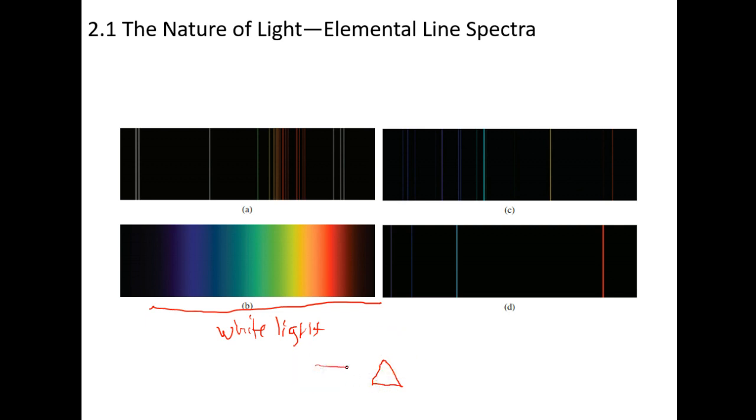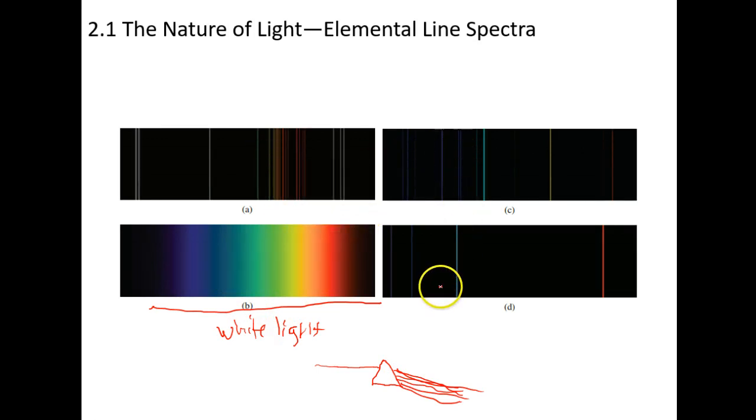You've seen white light going into a prism, and then coming out of it at an angle are all the different colors, like the Dark Side of the Moon album. Anyone into Pink Floyd or have seen that? Okay, that's basically what's going on here. All the white light is coming out in all the forms of the wavelengths.